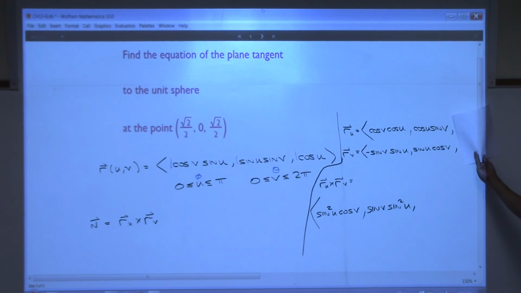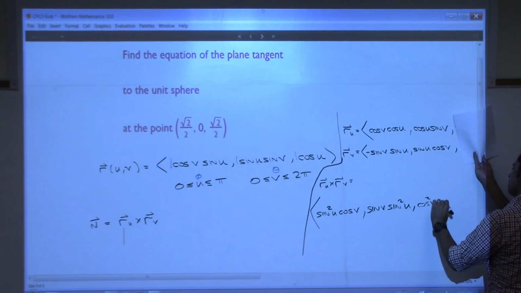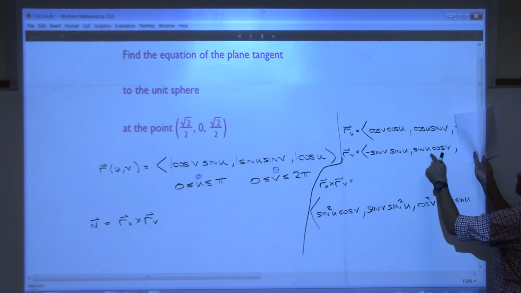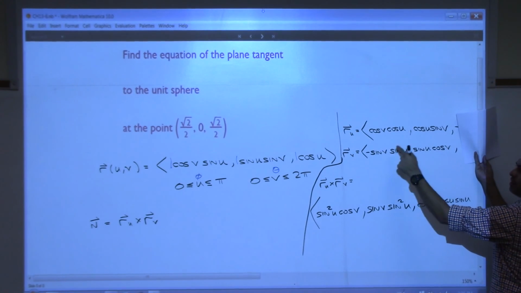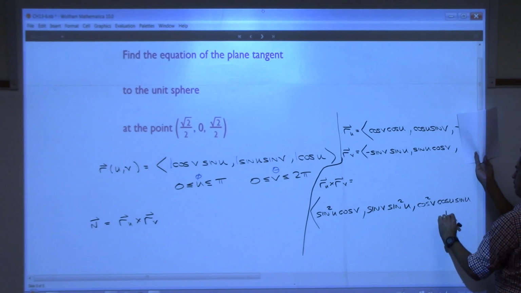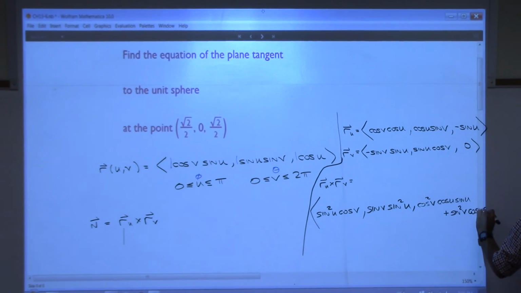Cosine squared v cosine u sine u. That's this times this. Minus, but then it's negative, so plus, I'm out of room here, so I'll put it right here, plus sine squared v cosine u sine u. Close the vector off.